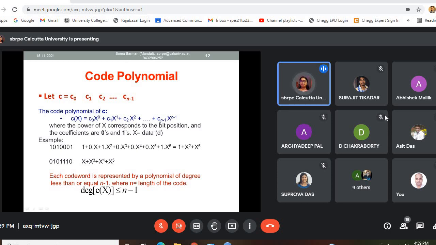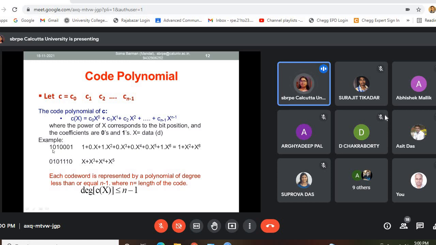What is the value of this coefficient? As we are applying the code to digital information, it will be either 0 or 1. The power of x represents the bit position, and these are the coefficients of the polynomial, with value either 0 or 1.